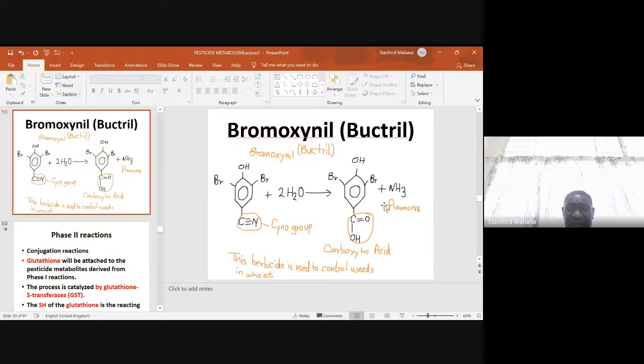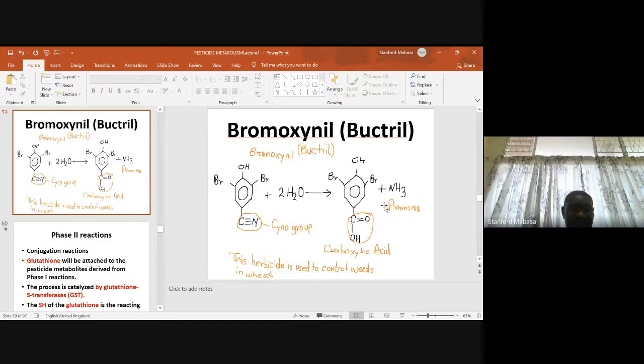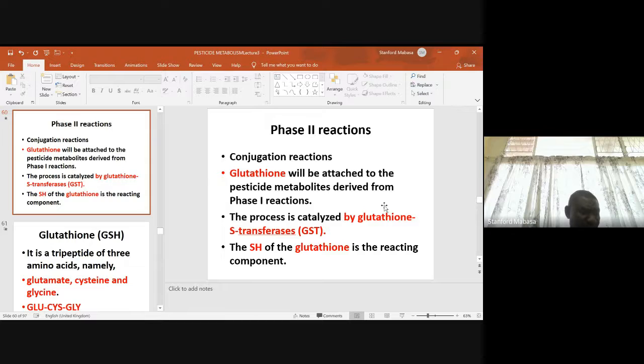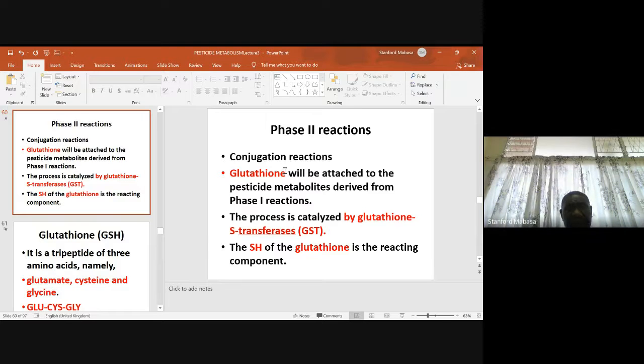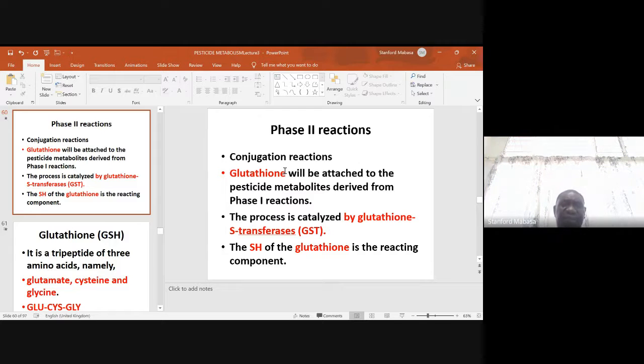So that was with phase 1. Now with phase 2 reactions, we have what are known as conjugation reactions. And under conjugation reactions, we have the role of glutathione, which will be attached to the pesticide molecules derived from phase 1 reactions.